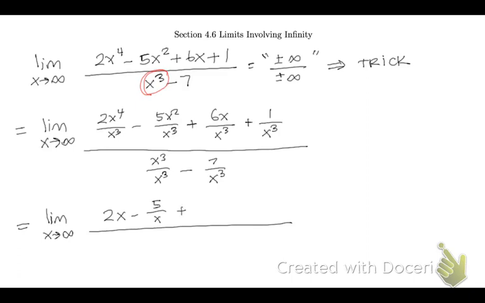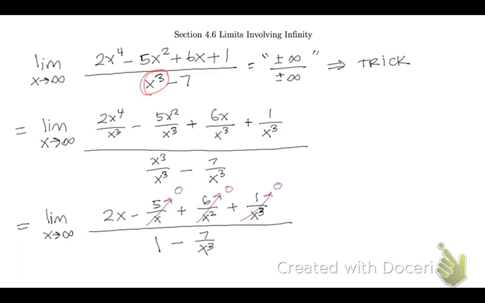The third one, I have a 6, it's going to leave me with an x squared. And then the last one is just 1 over x cubed. Then on the bottom, x cubed over x cubed and 7 over x cubed. There's nothing to reduce there. And once you've reduced, anything that has an x left over in the denominator is going to 0.